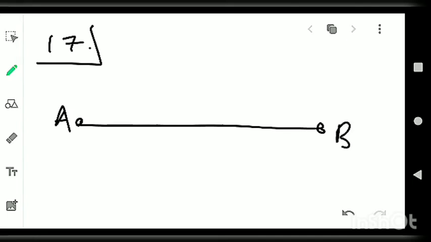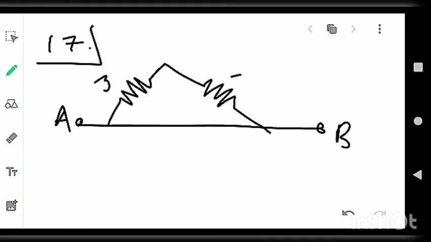Question number 17 is like this. They tell us that between A and B, on the upper portion I have got two resistances, 3 and 3. No, sorry, this one is given to be 2.